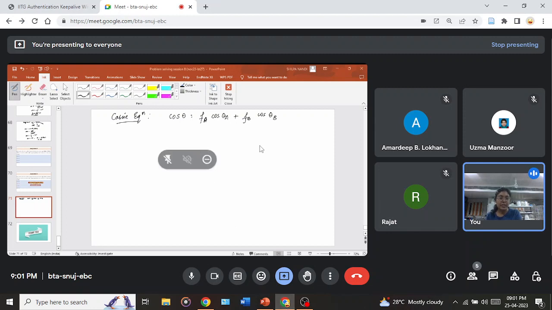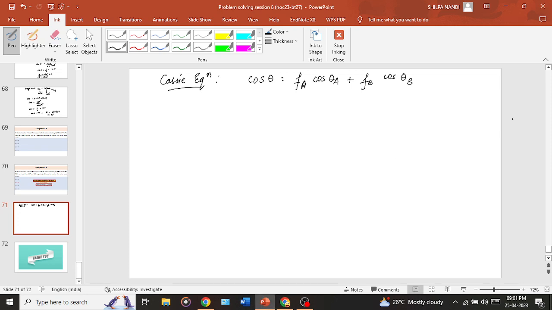For this particular question, since the mixed surface contains A and B surfaces, we have FA cos theta A and FB cos theta B. From the question itself, we already have the mixed surface contact angle, so theta is around 75 degrees.